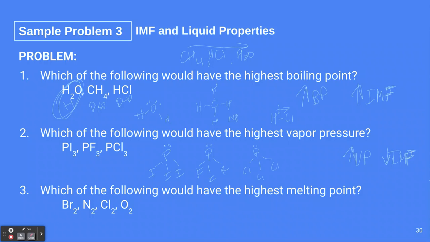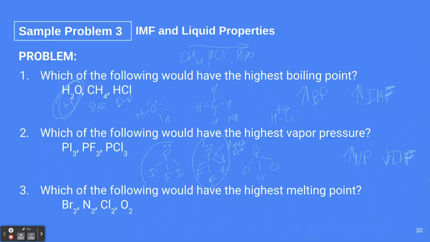Now, all of these are going to have the 6 around them. I'm just not going to draw all of them. They all have phosphorus as the central atom. They all have slightly polar bonds. But P to F is our greatest electronegativity difference. So this is the highest dipole.